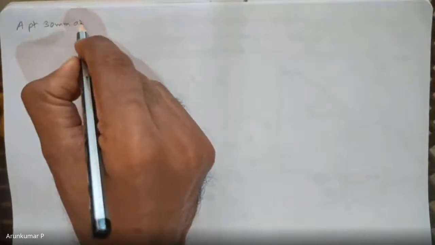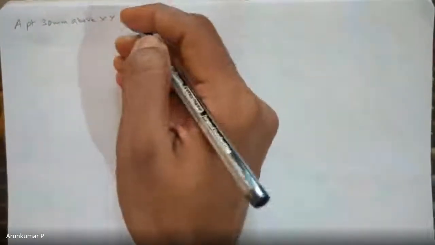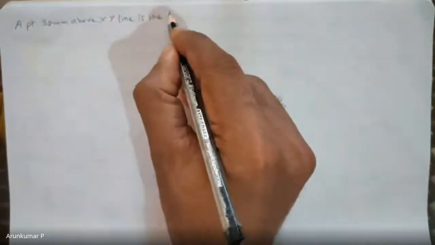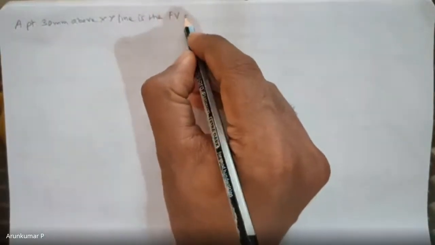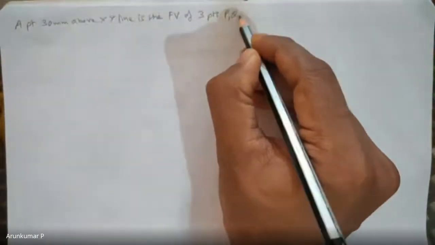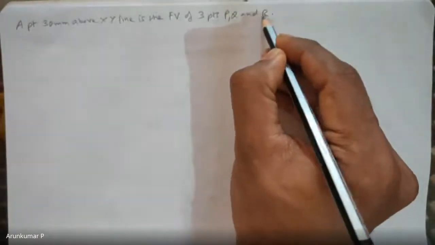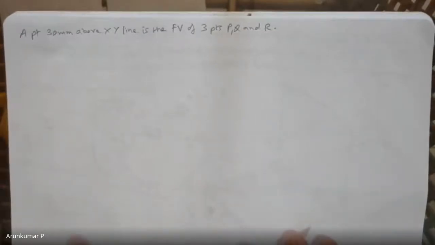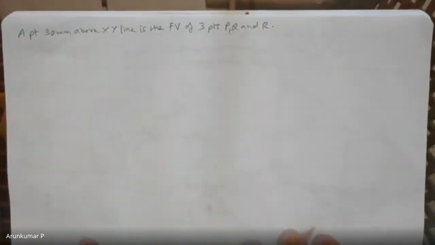A point 30 mm above XY line is the front view of 3 points, capital P, capital Q, and capital R. Okay.